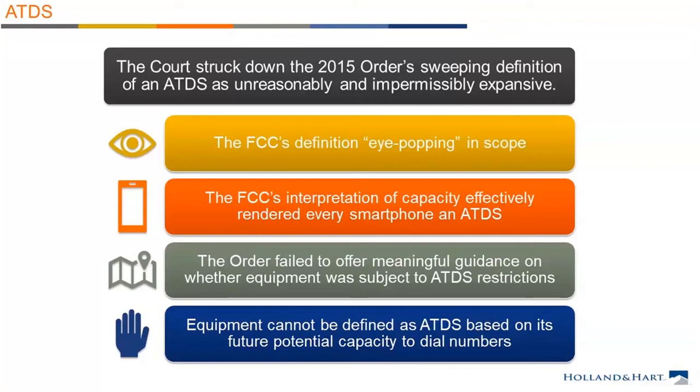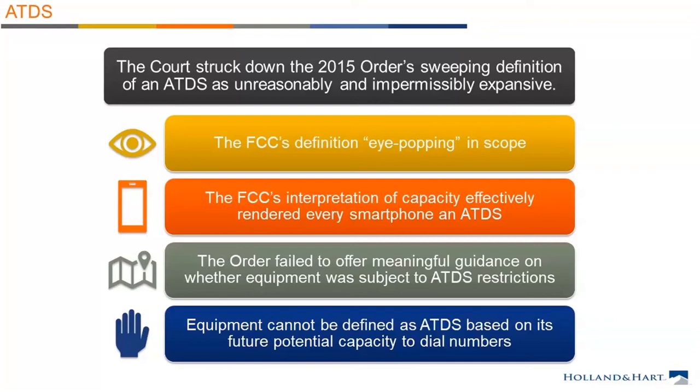The order also was criticized for failing to offer meaningful guidance on whether equipment was subject to an ATDS restriction. And it also basically, at the end of the day, said equipment cannot be defined as an ATDS based on its future potential capacity to dial numbers.